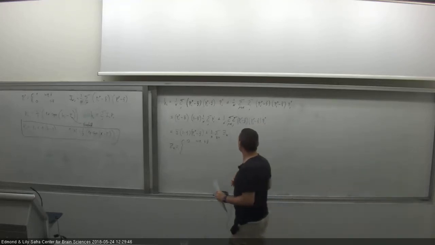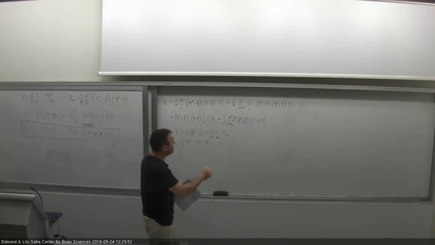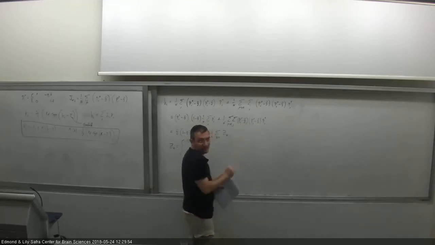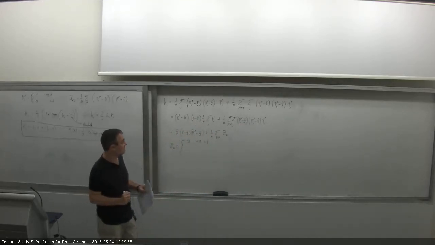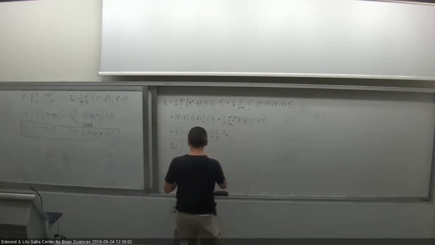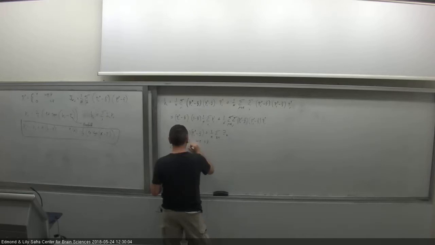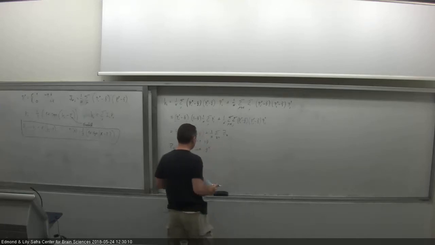What are the other options? Well, one possibility is that all 3 elements are equal to 1. And then this would be 1, this would be 1 minus f, and this would be 1 minus f. So zk would be 1 minus f squared, and this would happen with probability f cubed.